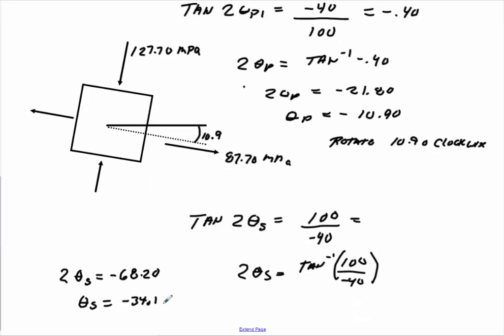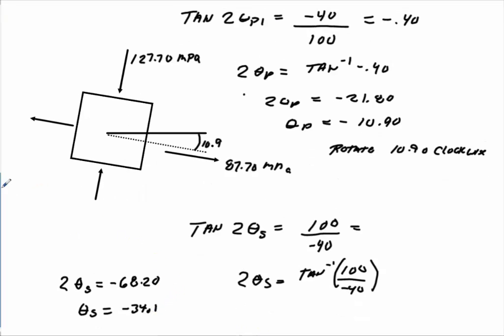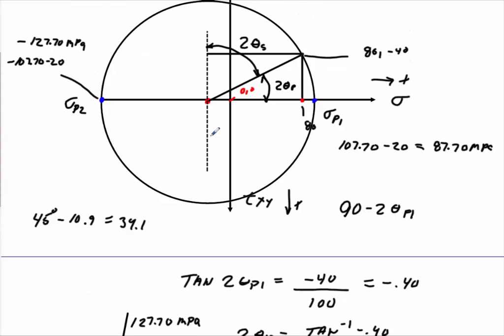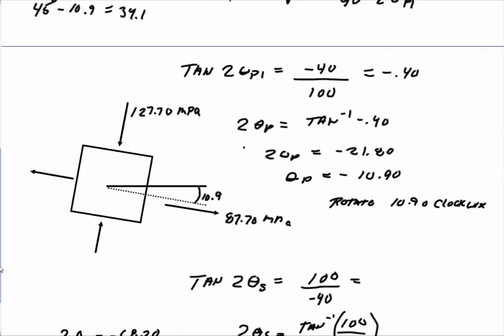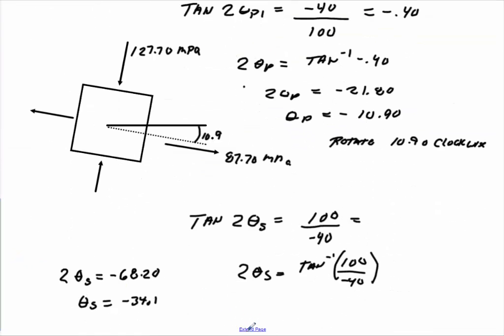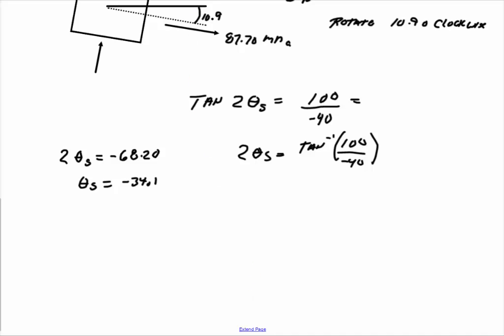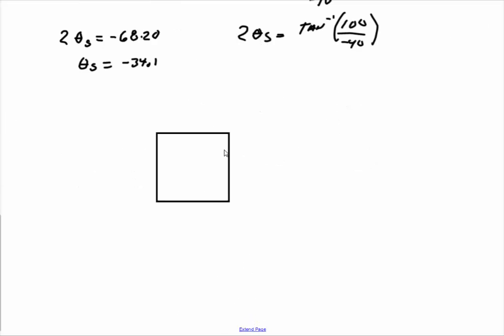Again, all that means the 34.1 is, it means we're going to rotate away from the positive shear, so we're going to go back this way here. So if I was going to draw that, then again I would draw my element like this. I'll scroll down and give myself some space. I would draw myself a horizontal line coming across.